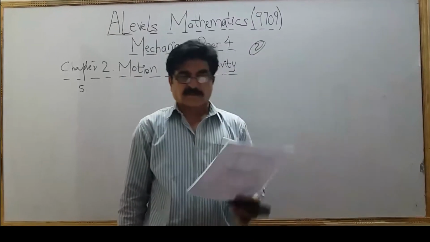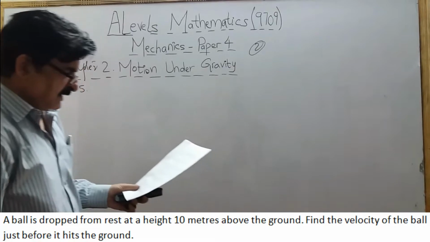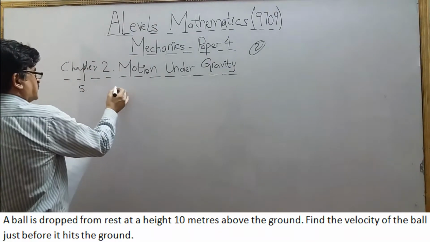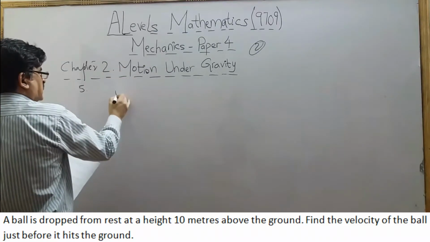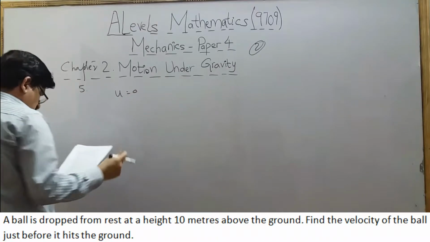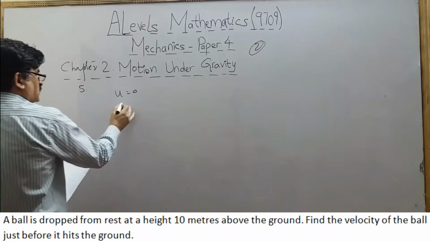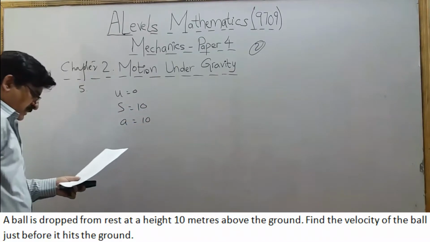Okay, next example 5. Now we will consider the downward motion. Read the question. A ball is dropped from rest, so initial velocity will be 0, at a height of 10 meters above the ground. So distance is 10 meter, acceleration is 10.